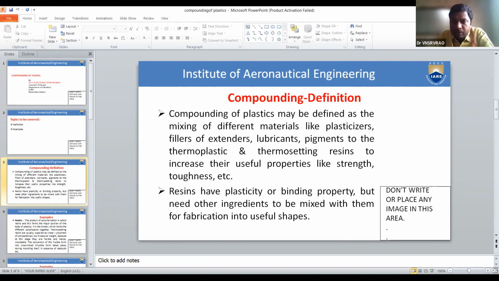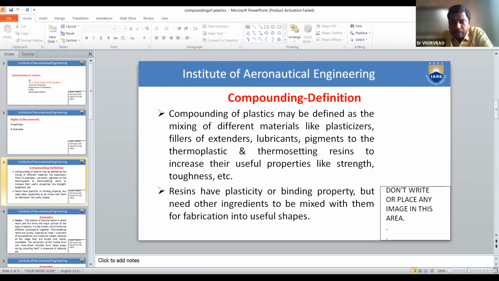What about thermosetting resins? On heating they become stiff and hard, and further there is no change on cooling. That means the permanent shape is directly taken on heating. Those are called thermosetting resins.